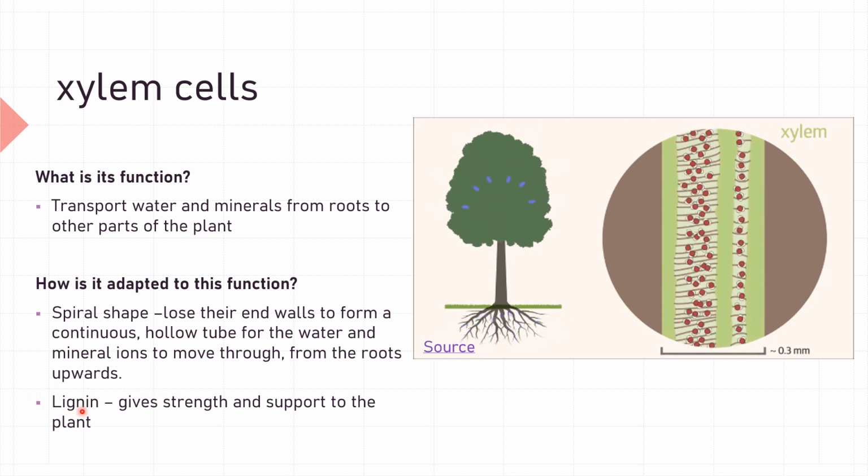They also have one specific molecule, which is called lignin, which gives strength and support to the plant. For example, we say that roots are support for the whole plant, and lignin is a molecule which gives strength and support to these specific xylem cells.